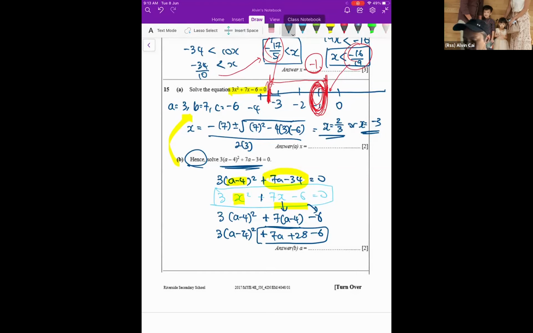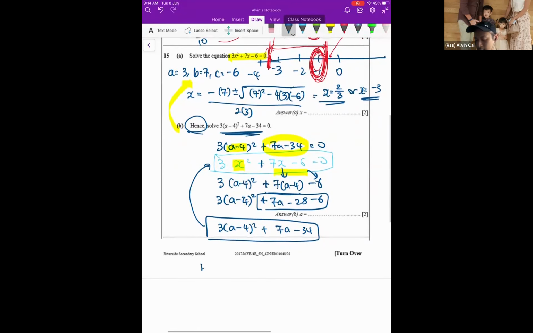So therefore, with the plus here, this one should be a minus. And after you got this minus, you can see that, yeah. So we can safely conclude that from the equation given for part B, how we link to the part A answer is basically just replace our x with a minus 4.